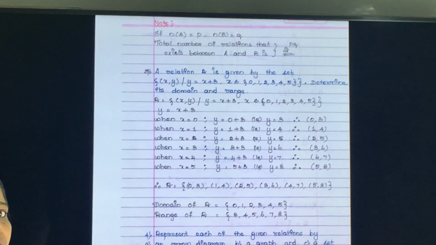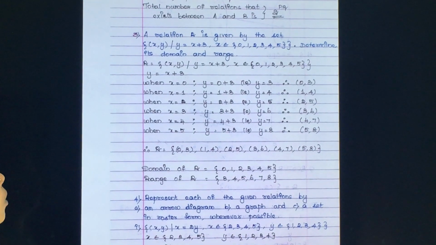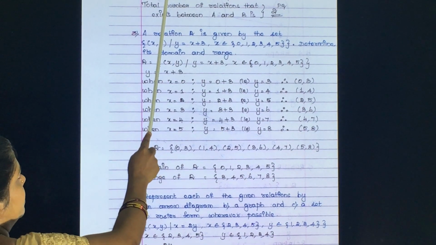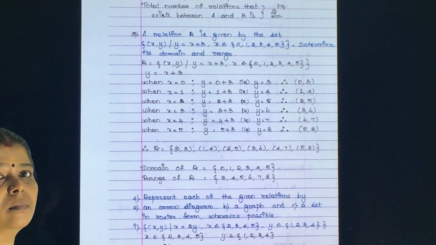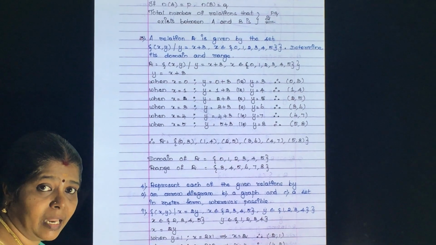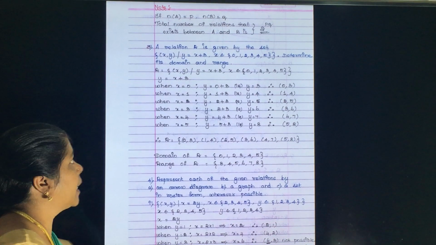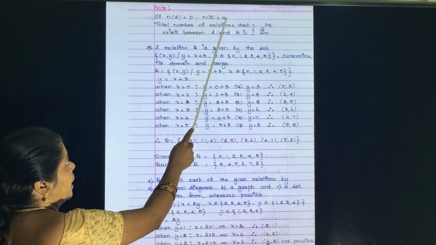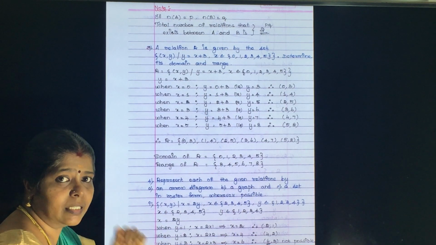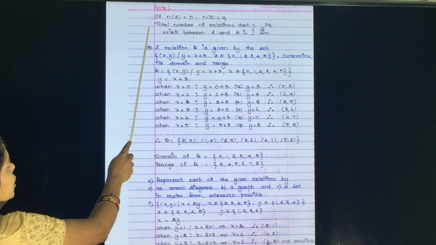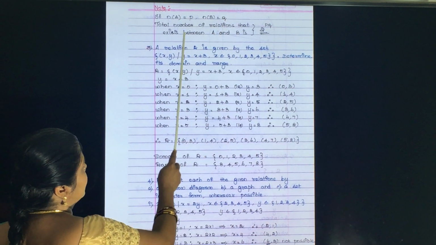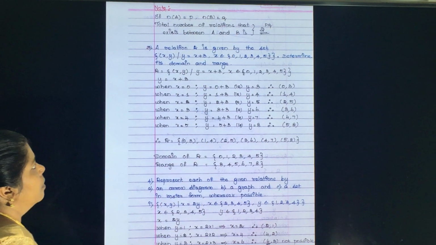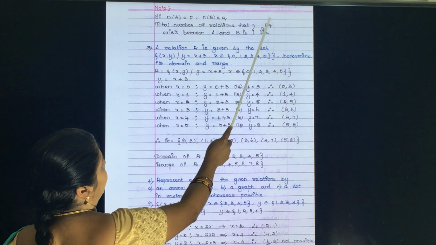See, n of A is P means what? The cardinal number of set A is P. It means the number of elements found in set A is P. Similarly, the number of elements in set B is Q. If this is the case, then the total number of relations that exist between A and B will be 2 power PQ.